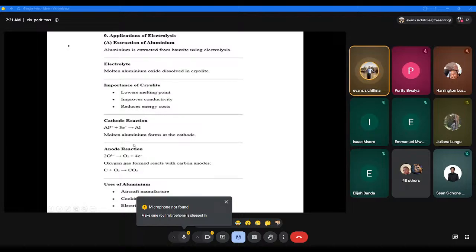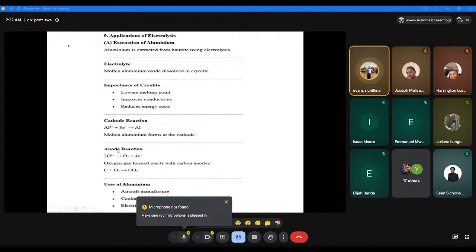The molten aluminium forms at the cathode. These ions travel to the cathode, receive 3 moles of electrons, and are deposited in molten form. Later on it will be hardened and given different uses.